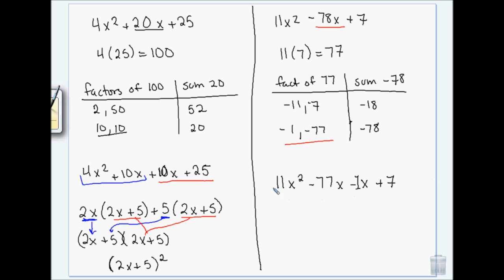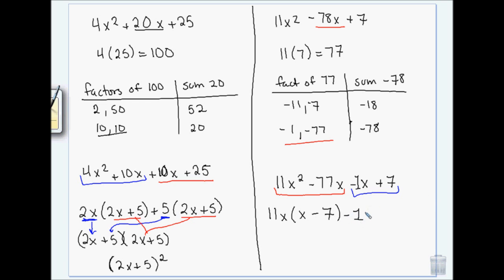From this first set, I can factor out an 11x, so I'm left with x minus 7. Now, this is a good example because when I factor something out, I want x minus 7 to match. Right now I have negative x plus 7, but I want x minus 7.